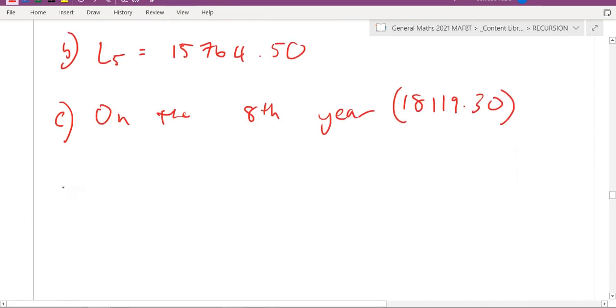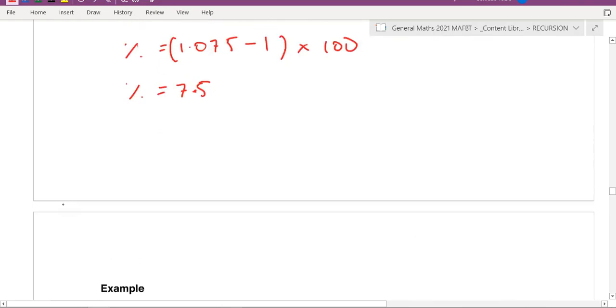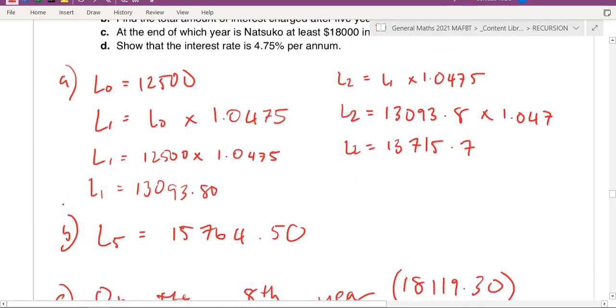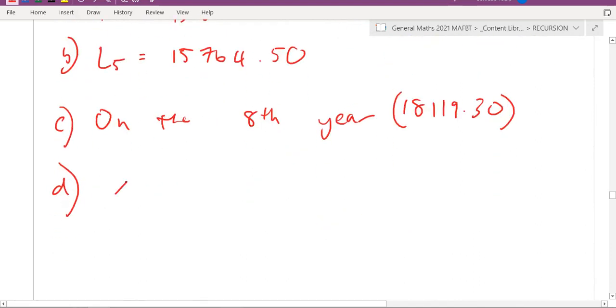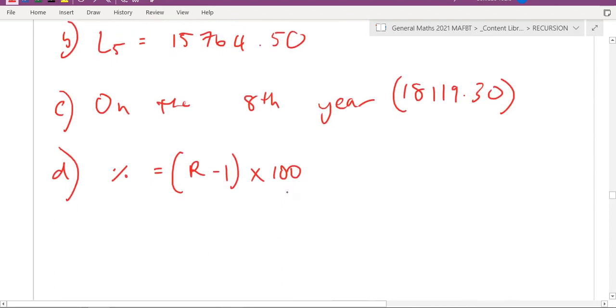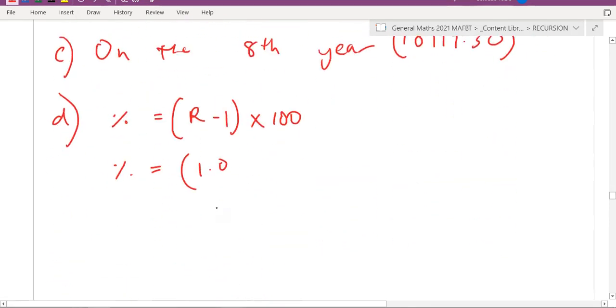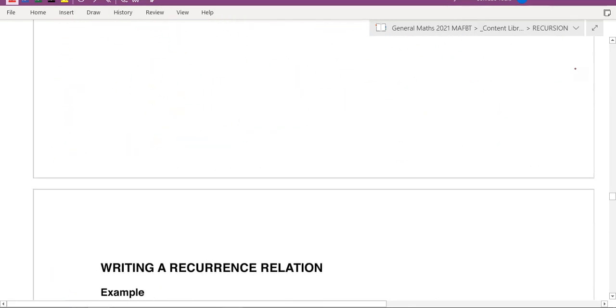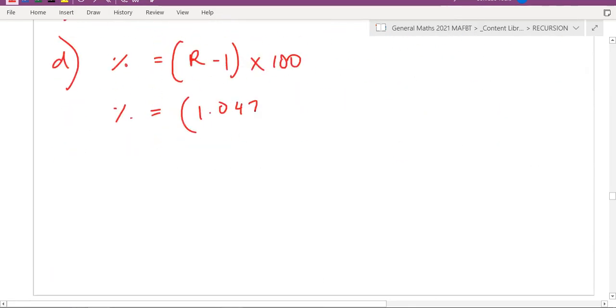And then part D, there is when we use that formula that I mentioned earlier to prove the percentage. So the percentage rule is this: R take away 1 times 100. Okay, R minus 1 times 100. For this one, it's going to be the common ratio of 1.0475.